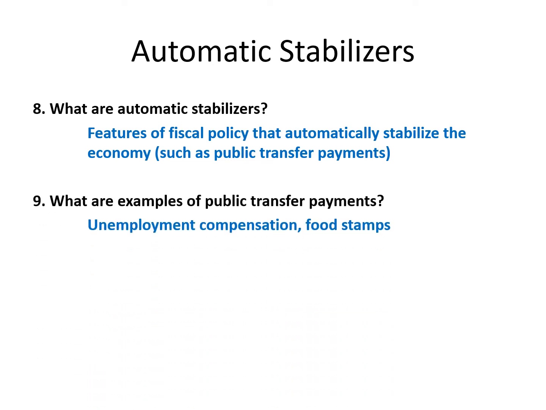Example of this, if we're in a recession, more people are losing jobs, more people are needing food stamps, and so more people are coming and applying and getting approved for these things. Well, these are things that are already set in motion by the government. The government has them automatically happening. The Congress does not have to vote and say, okay, we'll start doing more unemployment checks or let's do more food stamps. That happens automatically. And that's why it's called an automatic stabilizer.